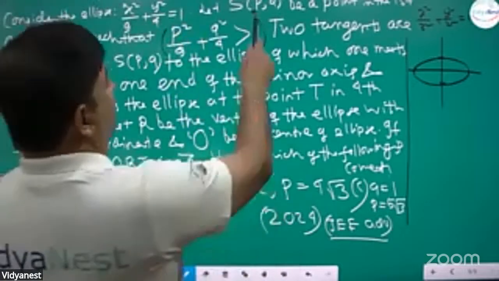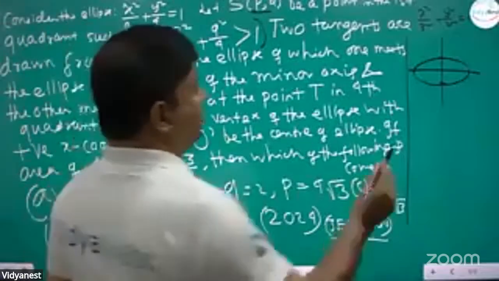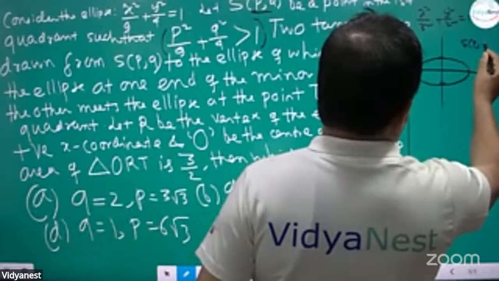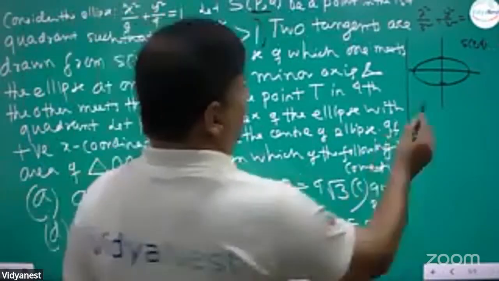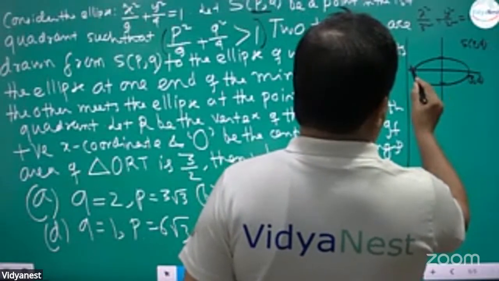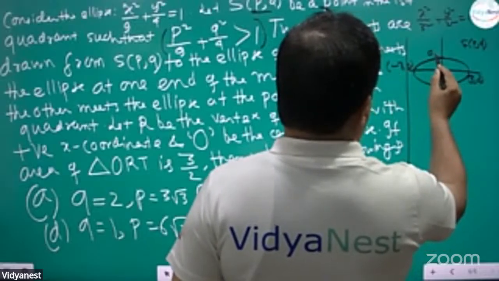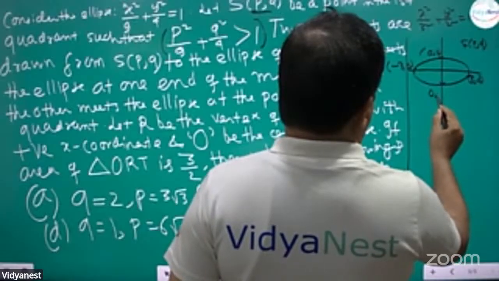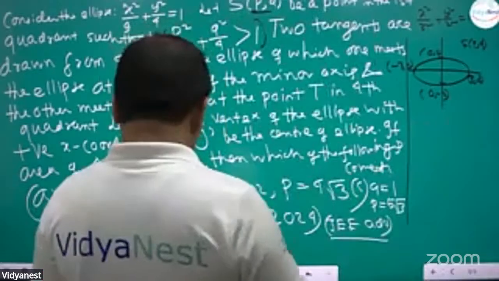So PQ lies outside the ellipse. So here is S. This point is 3, 0. That is minus 3, 0, 0, 2, 0, minus 2. Okay.